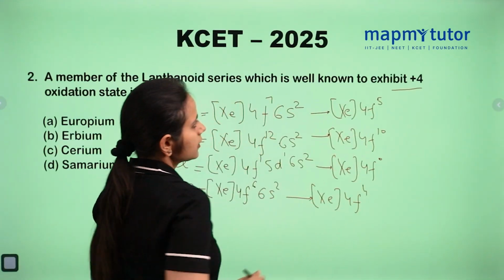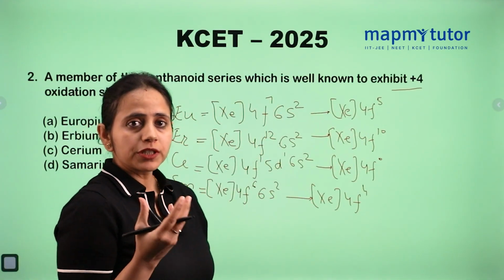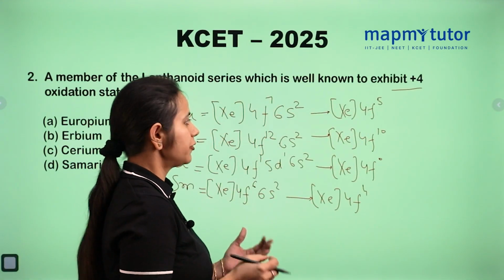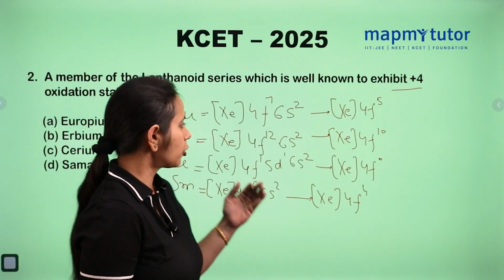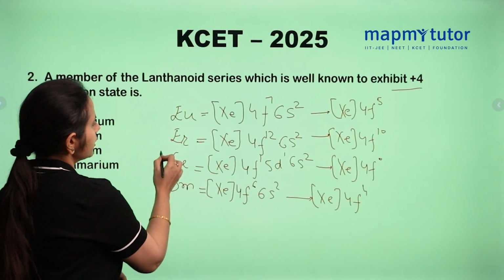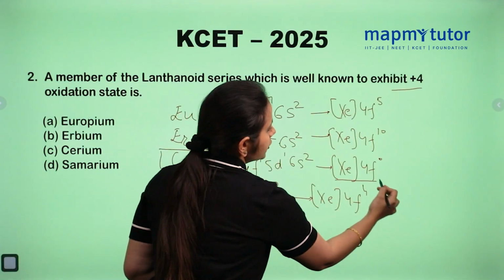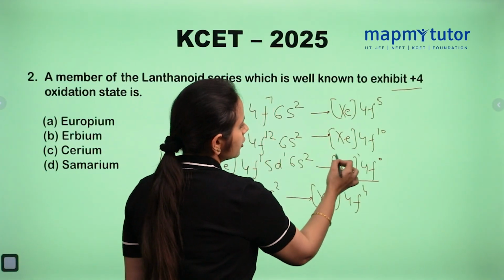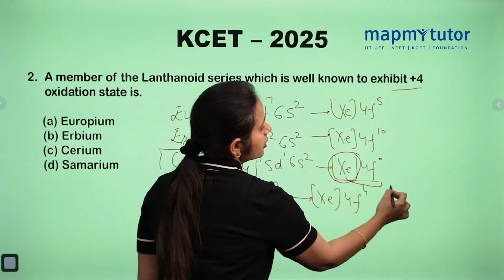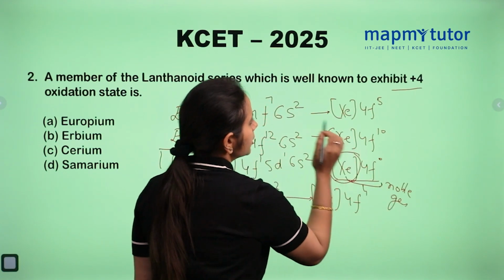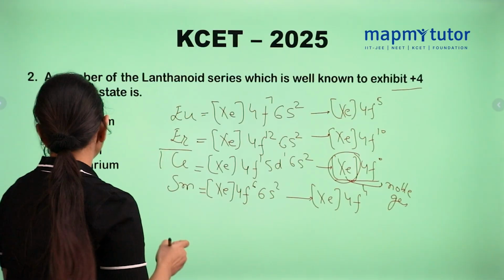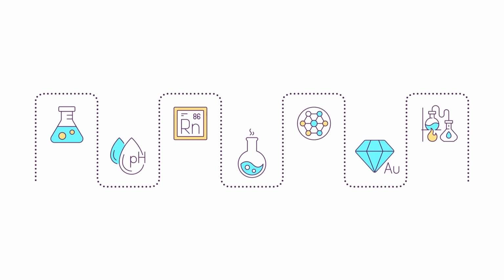Now see, in these, which element will have the most stable oxidation state, where it is either half filled, fully filled, or zero filled? Out of these 4 options, cerium has 4F0, which means only xenon will be there, which is the noble gas configuration. So this will give the most stable +4 oxidation state. So the answer is cerium.